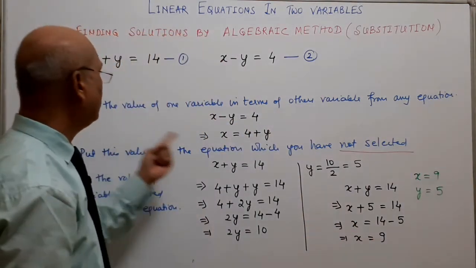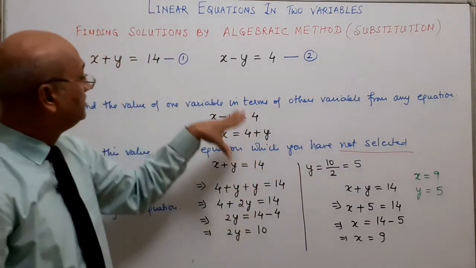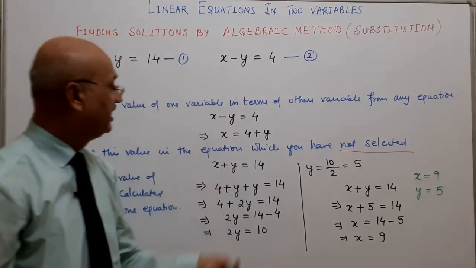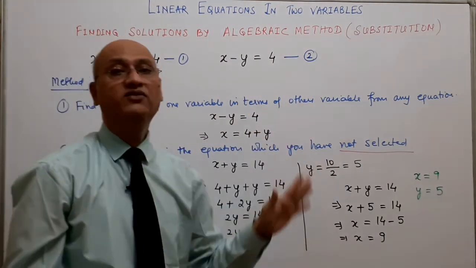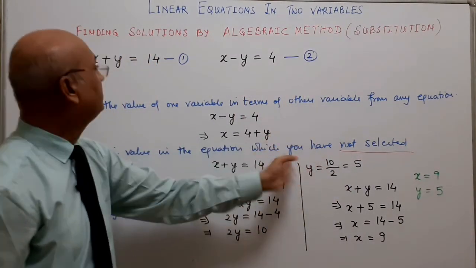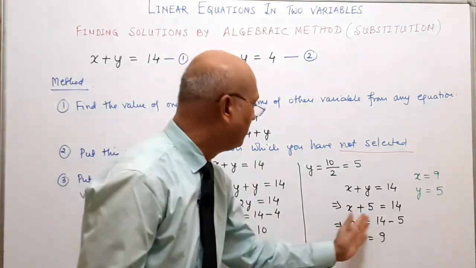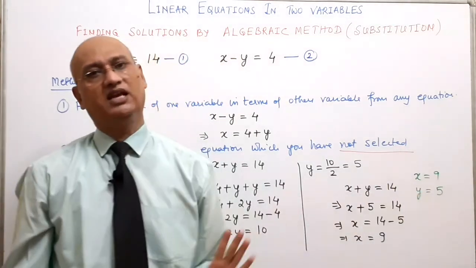So I found the value of x in terms of y. Then put this value in the equation which you have not selected. You get the value of one variable with this. Finally, you can put this value in any one of the equations to get the value of the other variable. So we can get the solution easily.